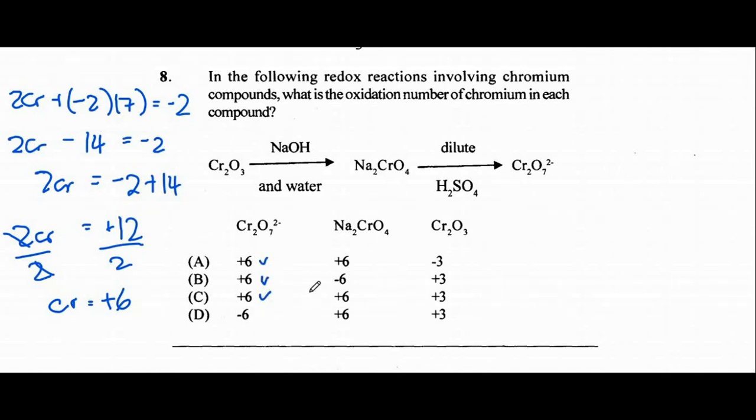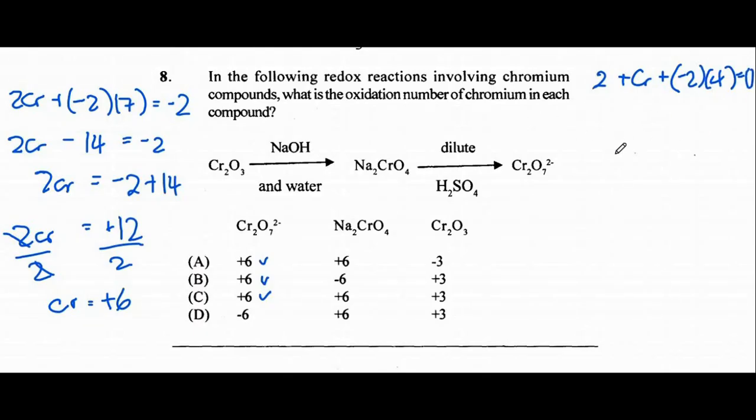Now let's look at Na2CrO4. Na has a charge of plus 1, and that's 2 of them, so it's 2 plus the Cr, plus the -2 for the O times how many? We have 4 O's, and the entire charge is 0. It's neutral.